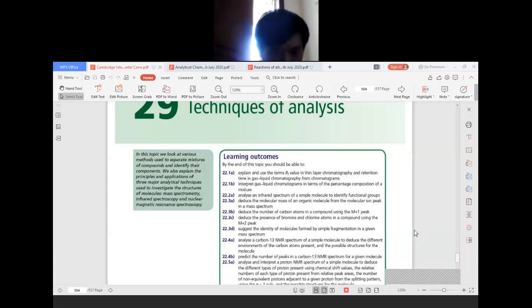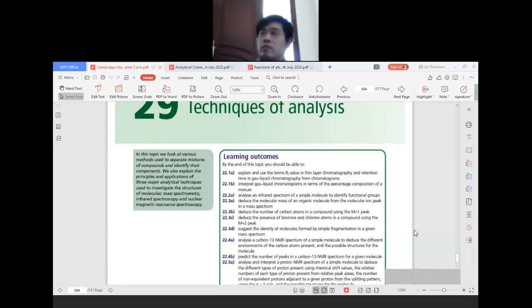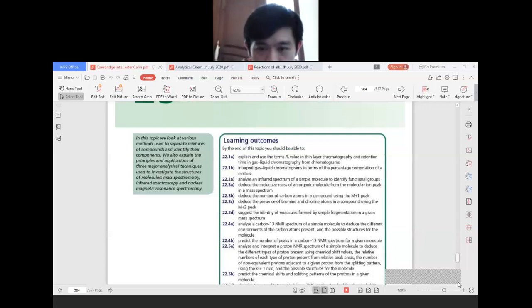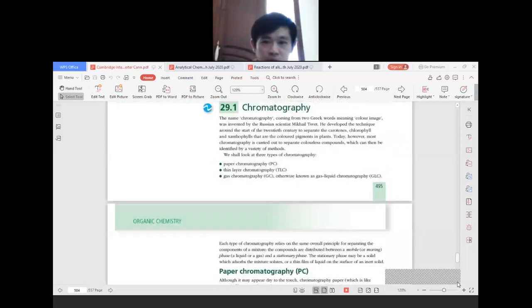The famous one right now is HPLC. It's quite long. When I was in bachelor, I did the TLC. Okay, TLC analysis, and then for chromatography, we are going to see the concept here, developing the technique.